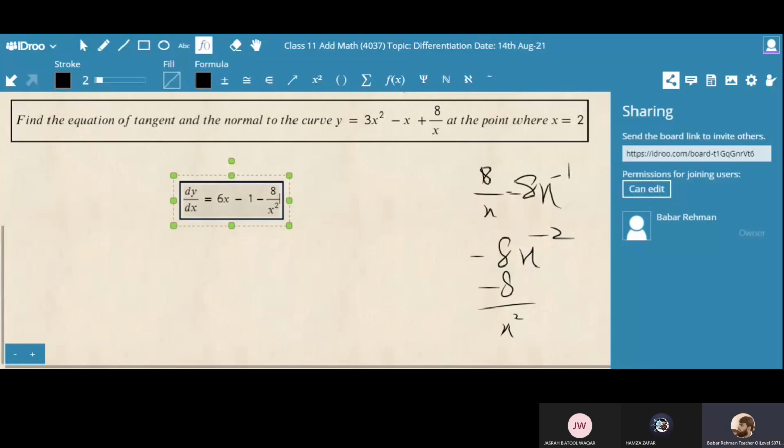Okay, students, continue and tell me the derivative.